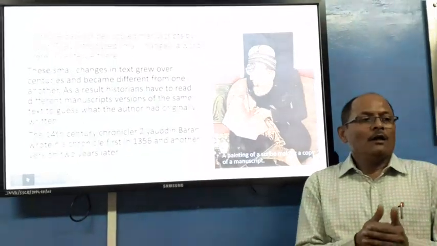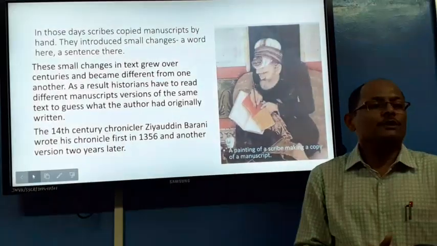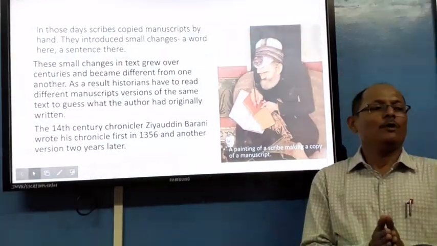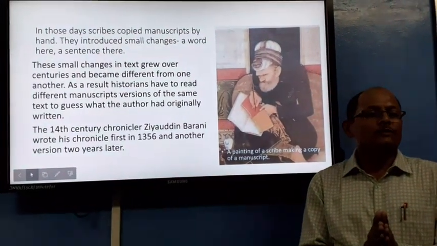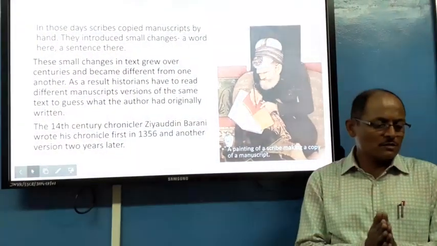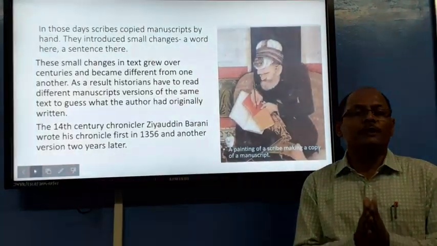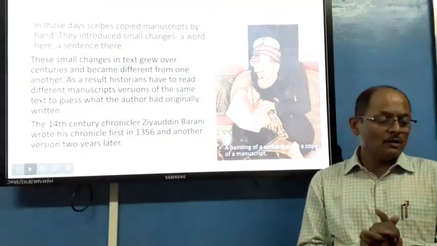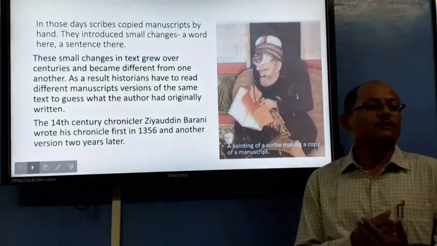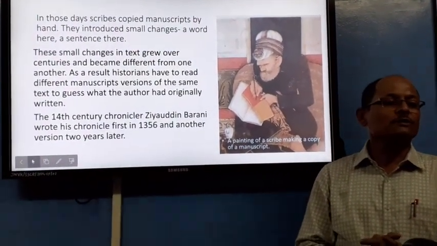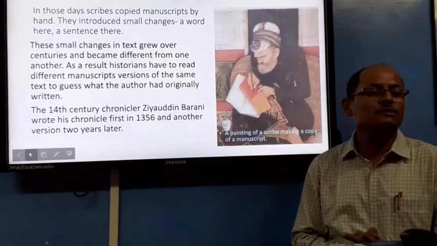Same way, historians in the 14th century did not know about the chronicler Ziauddin Barni, meaning a person who writes accounts of important historical events. He wrote his first chronicle in 1356 and another version 2 years later.